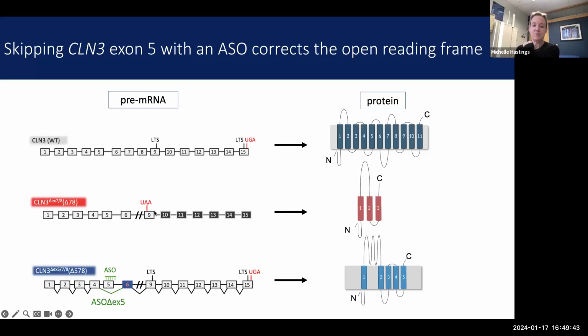With a termination codon, it's a very truncated protein, and we also know it's very unstable, so the RNA is degraded through nonsense-mediated decay. This isoform rescues the stability of the RNA and is predicted to make a protein that would still be integrated into the membrane.